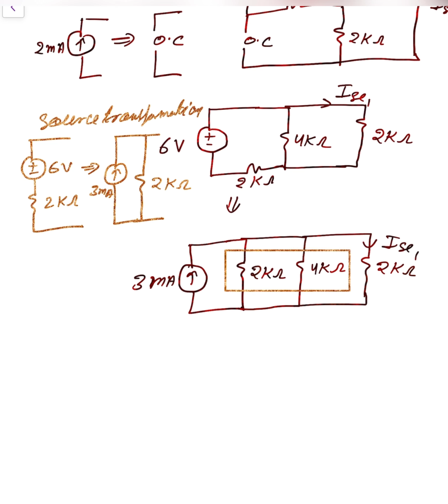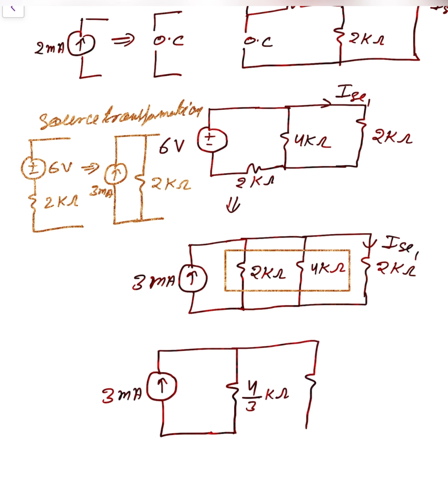Now, if you see very carefully, these two are parallel, so their combination is 8 divided by 6. Redrawing the circuit: 3 milliampere, the combination of these two gives 8 by 6, which is 4 by 3 kilo ohm, then 2 kilo ohm, and here ISC.